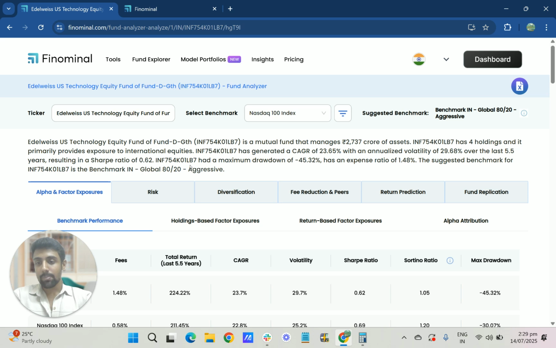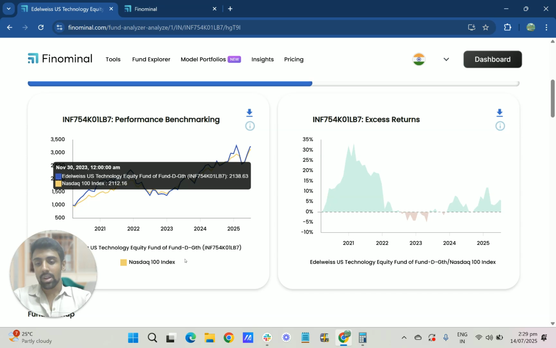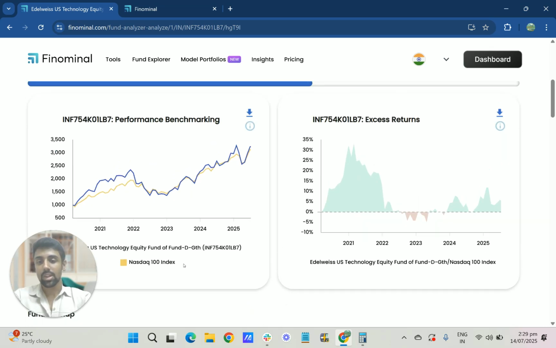Now let's compare this fund against a benchmark that is heavily focused on tech. This focuses on US technology companies, right? When it comes to US technology companies, I think one index should clearly pop up, which is the Nasdaq 100 index.